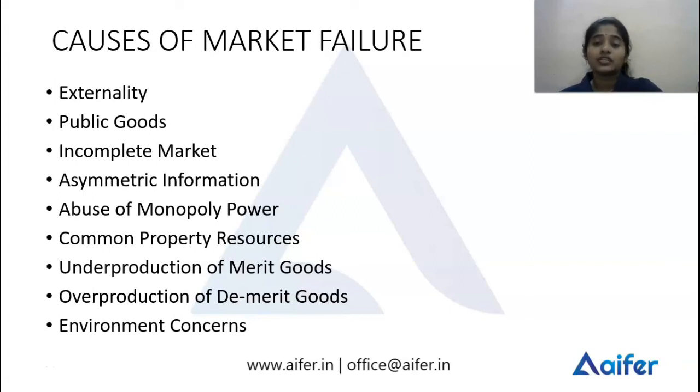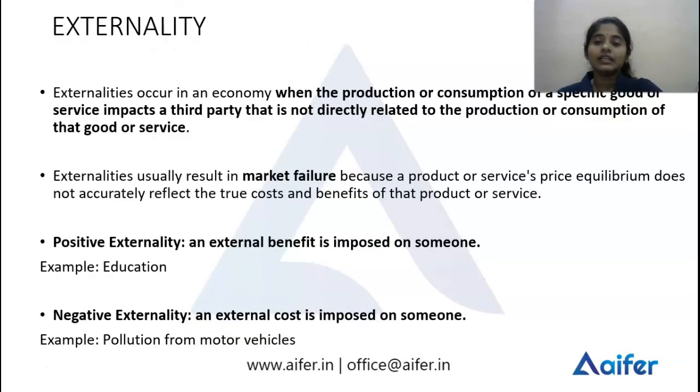So these are the major causes of market failure. Very important causes among these are externality, public goods, asymmetric information, monopoly power, etc. And there are some other causes as well, which you can see here. So we will also learn about externality and we will wind up this session.